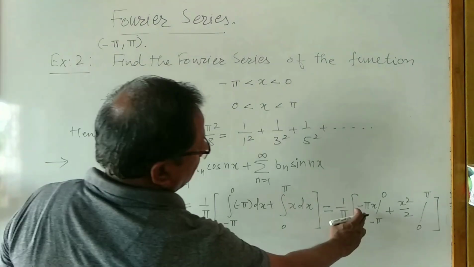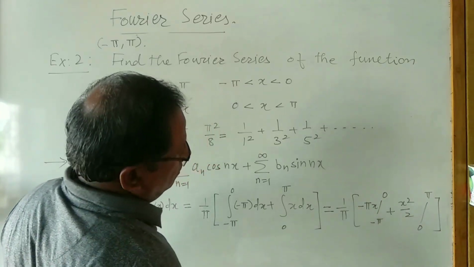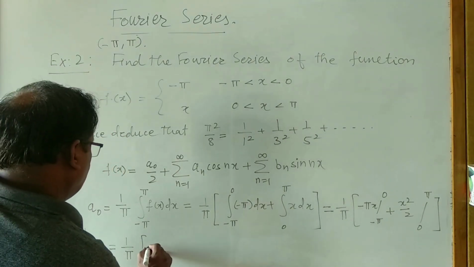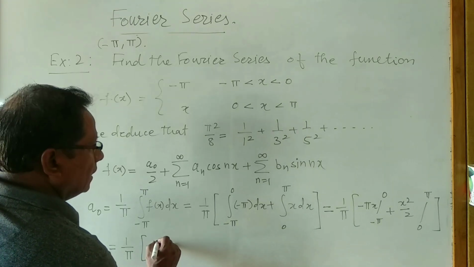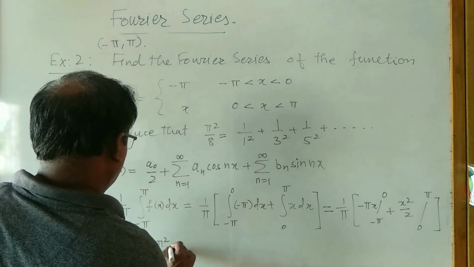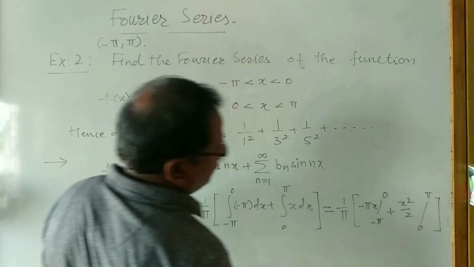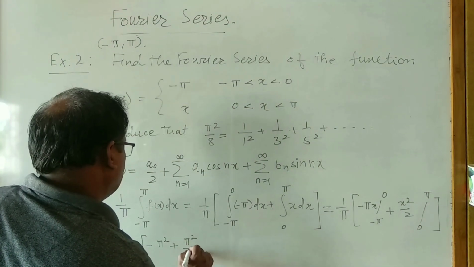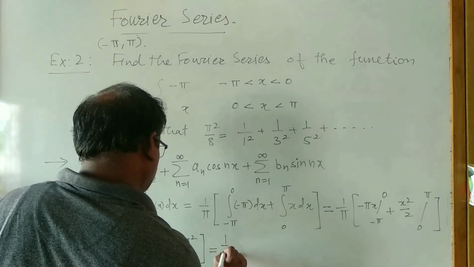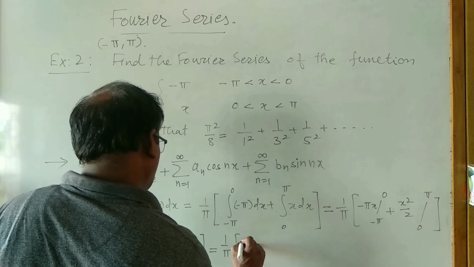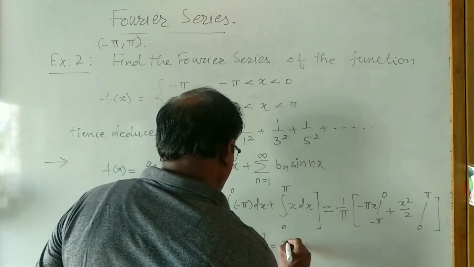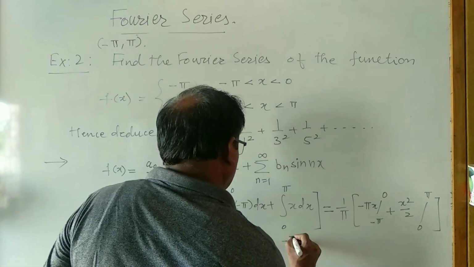When you put upper limit here, minus pi into 0 is 0, and minus when you put x equals to minus pi, that becomes minus of minus pi into minus pi is pi square. Plus when you put upper limit here, it is pi square by 2 minus lower limit is 0. If you simplify this, you will find this is 1 upon pi into minus of pi square by 2. That is, this is minus pi by 2. So a0 is minus pi by 2.